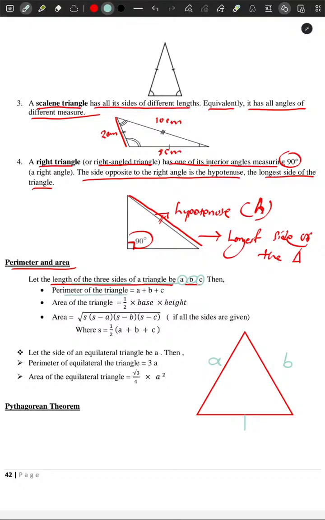Perimeter of triangle equal to a plus b plus c.